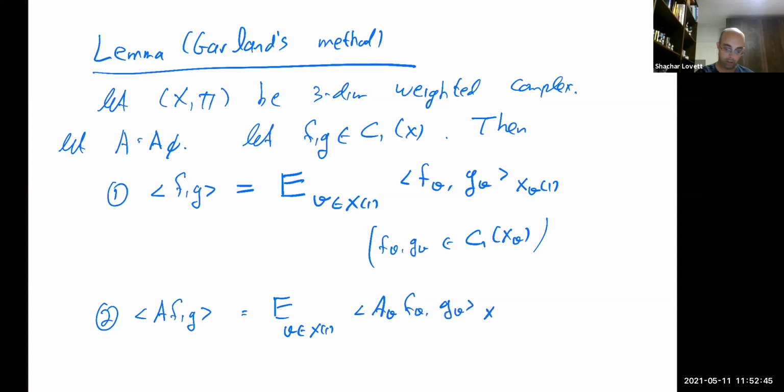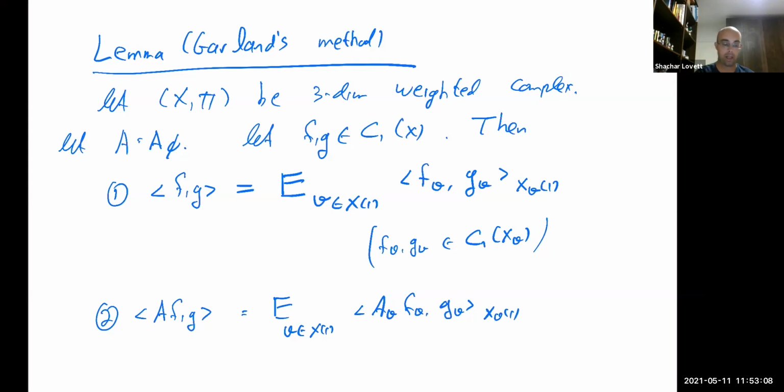And again, this lives over the X_V1. So again, what do we say here? Remember, what we care about is analyzing the Rayleigh quotient of A. So we want to analyze expressions like F transpose AF, or AF inner product F. In general, take any two functions F and G, AF inner product G is the expectation of the same expression, but in links.